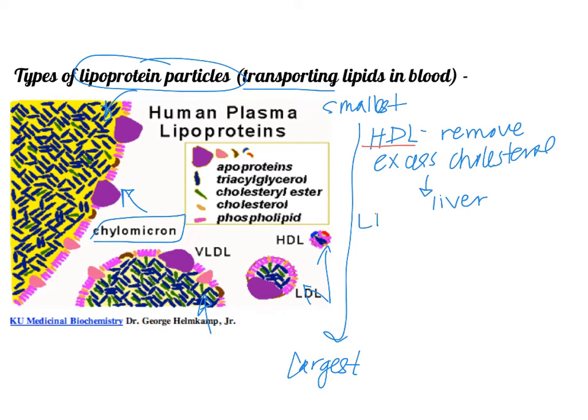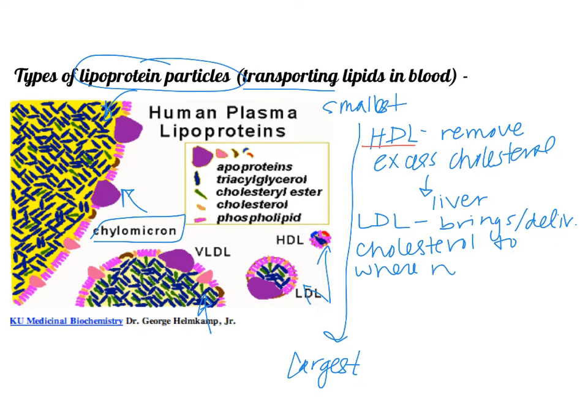And then you have LDL, which is low density lipoprotein particle, and that brings cholesterol from the liver to wherever it needs to go. So it delivers cholesterol to anywhere that it needs it. We'll just say where needed, like an arterial cell wall, it would transport that.